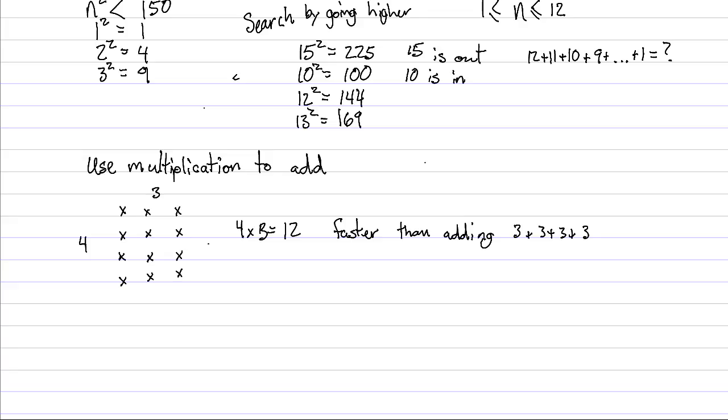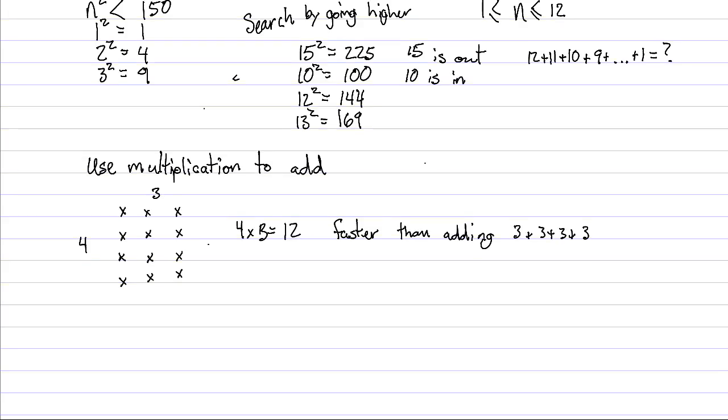But we'll notice here, let's say we wanted to add all of the numbers from 1 to 12, okay? We've got, in this case, a line of symmetry.